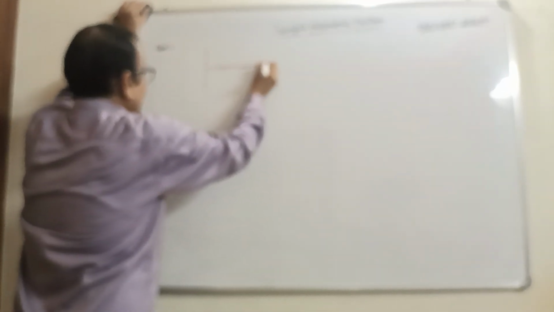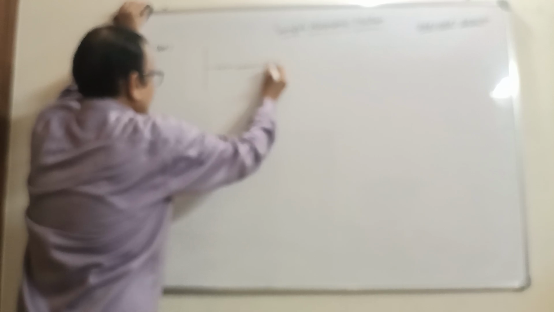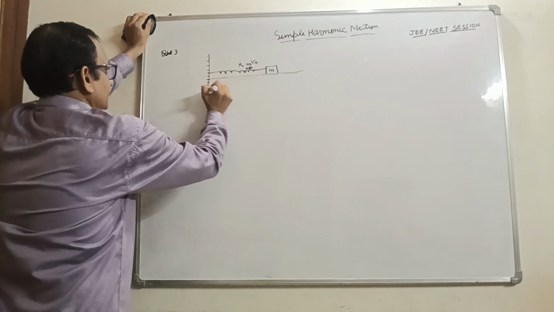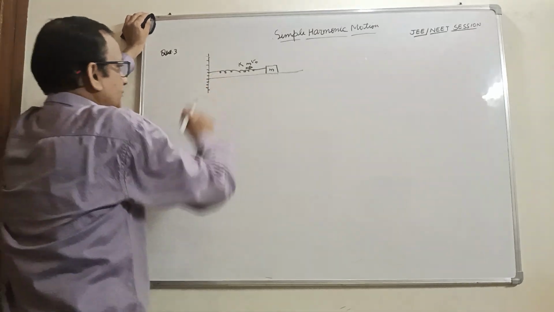The scenario is a spring with a mass m placed on a horizontal plane, with spring constant k, and a bullet having mass m and initial velocity v naught. The bullet strikes the mass that is attached to the spring with spring constant k.